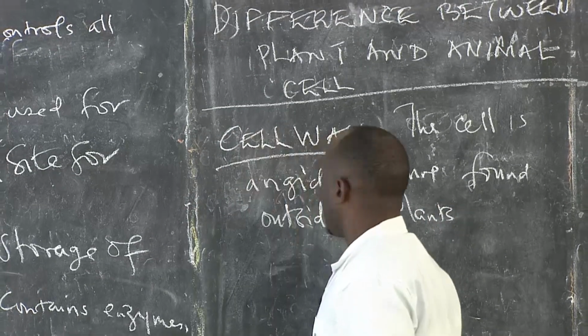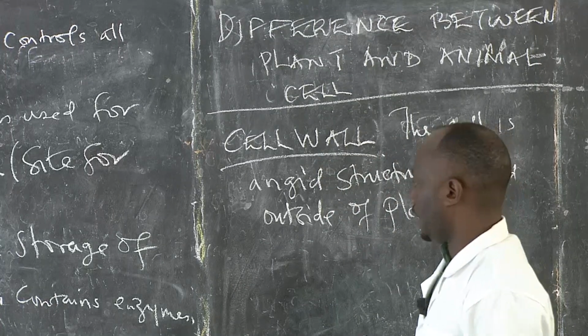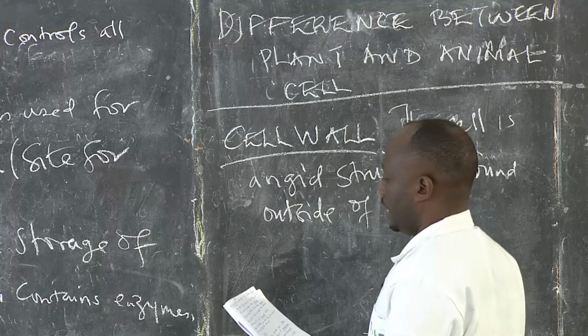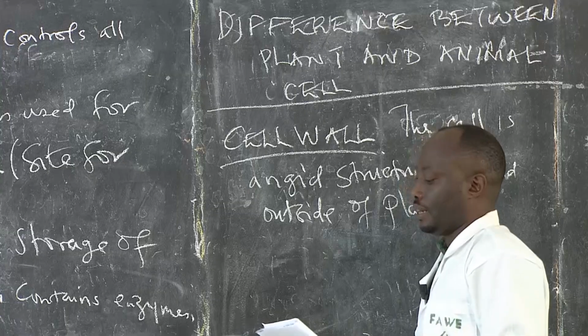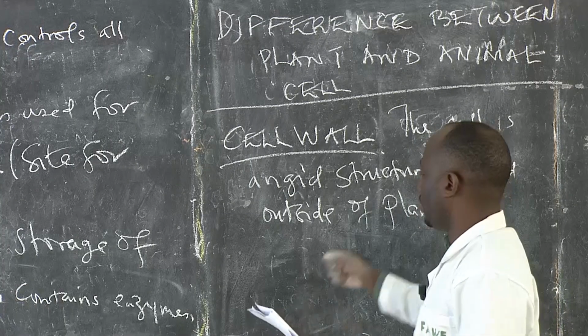And this cell wall is a non-living part of the cell. All right? This means the wall gives the plant cell its shape, because the cell wall is rigid and protects the content of the cell.